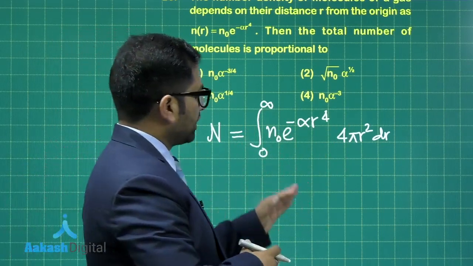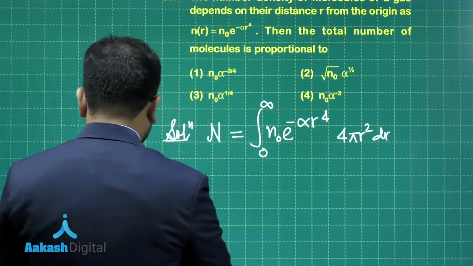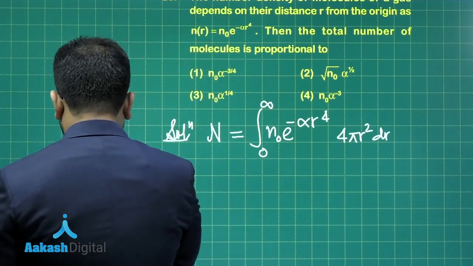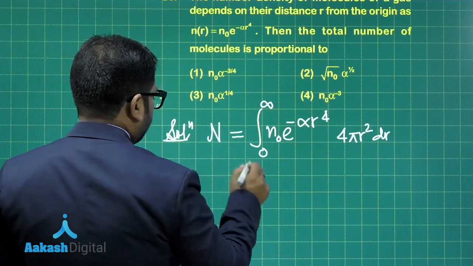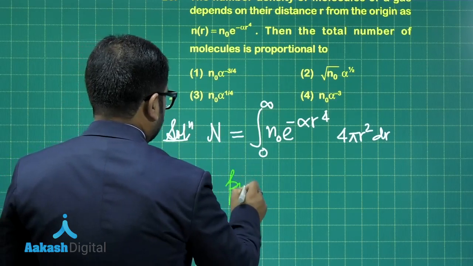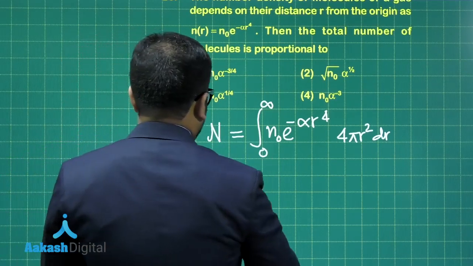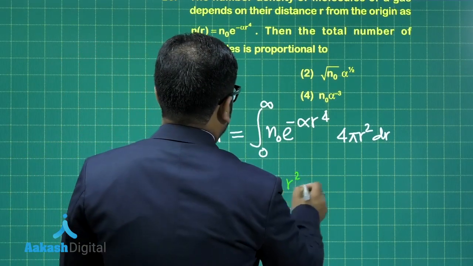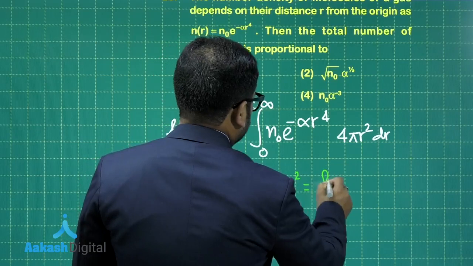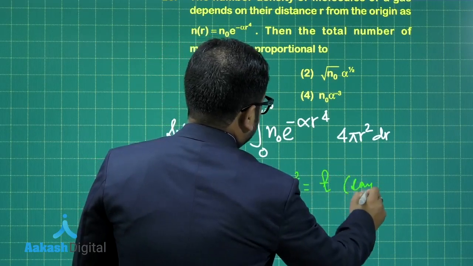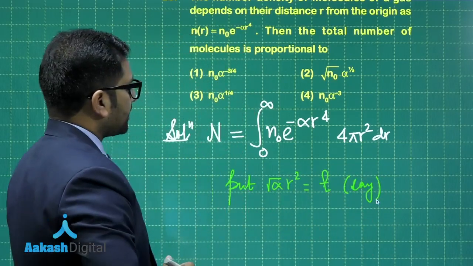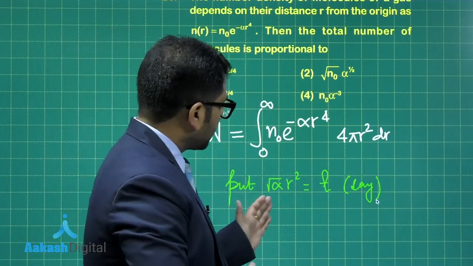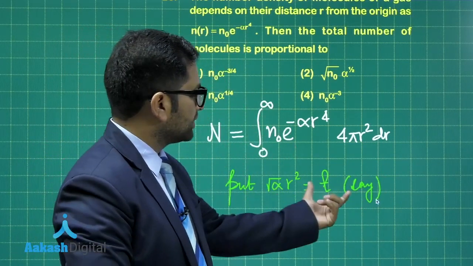I would not be going through all the steps of integration, but yes, I am certainly going to give you a small hint that if you do it by substitution, you need to put the value of root alpha r square as a new variable, and let's say that variable is t. So once you put this, you could say that root alpha 2r dr will be equal to dt.